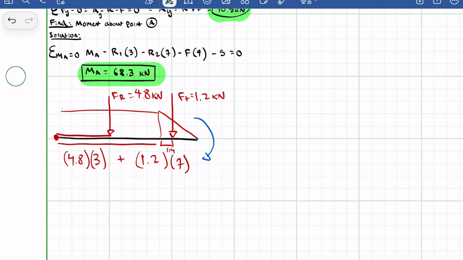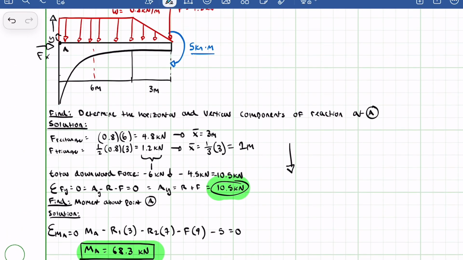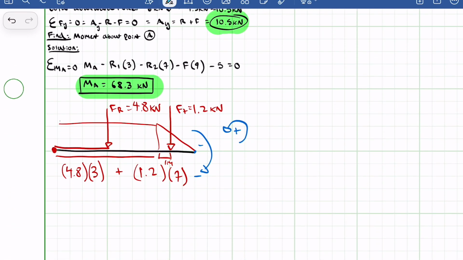And then you're looking at this applied moment, and if you recall, a positive moment is going to be counterclockwise, and this is opposite, so this is negative. So you're just going to subtract, what is it, 5,000 newtons minus 5 kN.